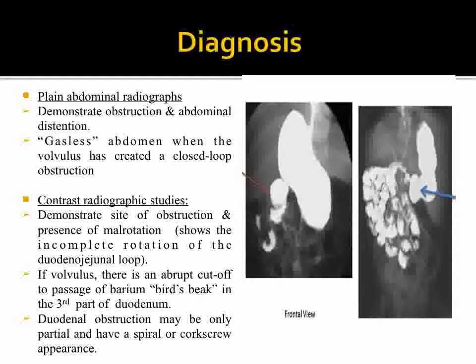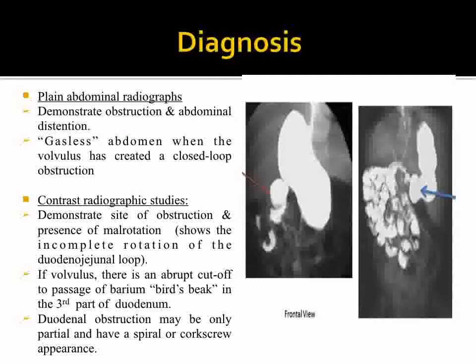The definitive diagnosis of intestinal malrotation is by contrast radiographic studies. We give a contrast like gastrografin or barium, either from above, as in a swallow meal and follow through, or from below, as in a gastrografin enema. In the upper GI series, we will demonstrate the site of obstruction and the presence of malrotation.